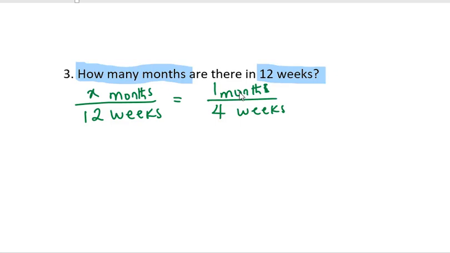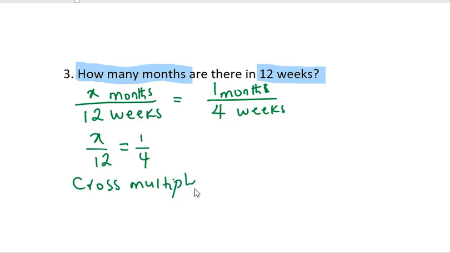That's the conversion relationship. From here, we can now have x over 12 is equal to 1 over 4. Let's cross multiply. If we cross multiply, we have that 4 times x is equal to 12 times 1.